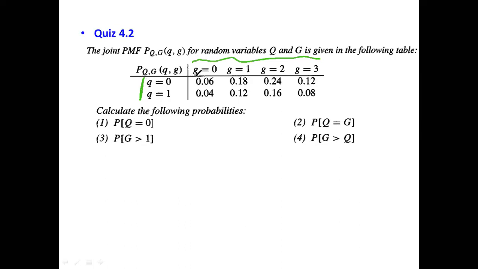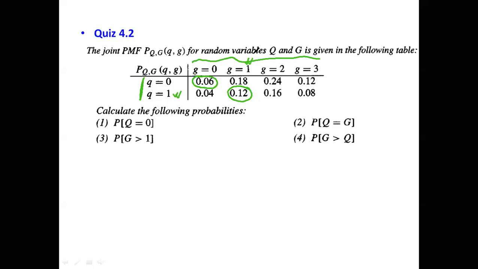Now, every probability is for 2 values, one value for Q, another value for G. Say for example, this one, 0.12. What is the corresponding Q and G? 1, 1, right? Q equals 1, G equals 1. All right. Now, calculate the following probabilities.